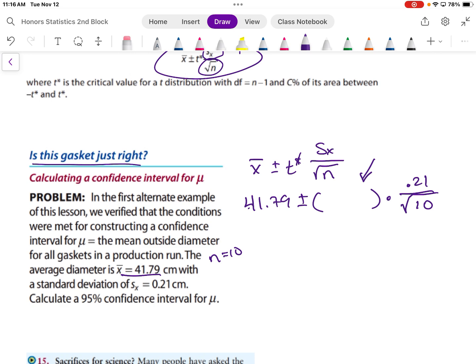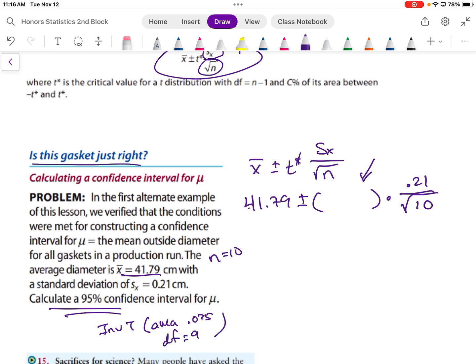On the calculator, we're doing a 95% confidence interval, so that means I'm doing an inverse T. My area is 0.025. My degrees of freedom is 9. Again, I did an inverse T, my area was 0.025, my degrees of freedom was 9.